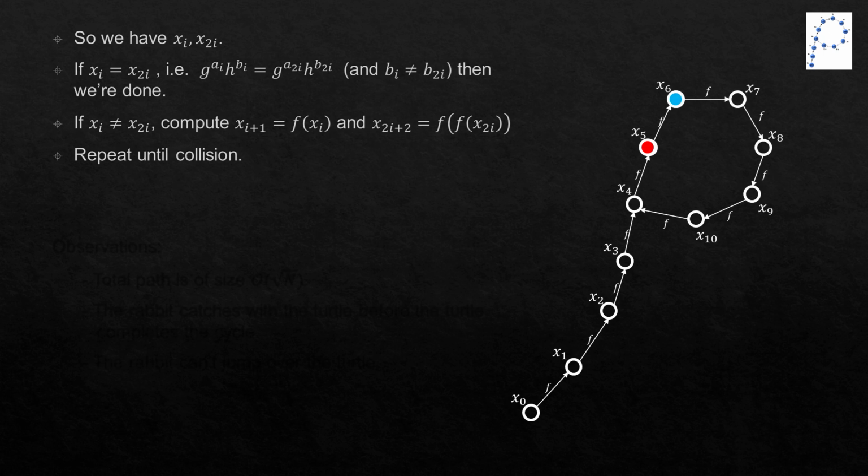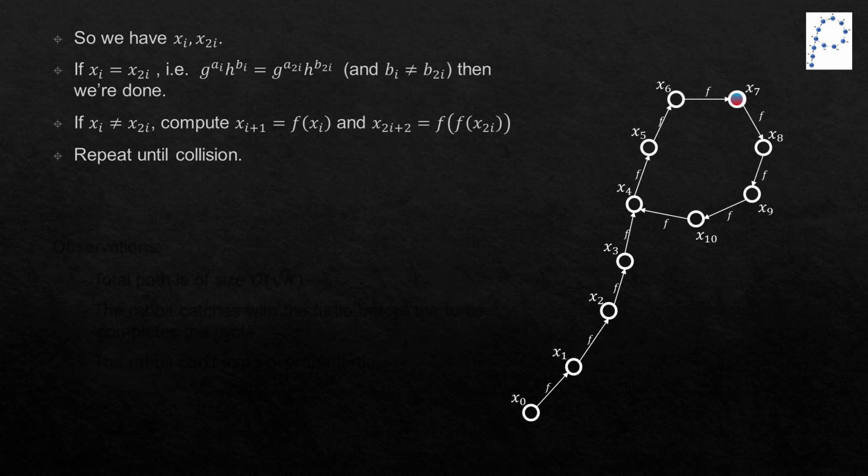Now the next 2 points are x12 and x6, and after I iterate again, I get that x7 and x14 are equal.